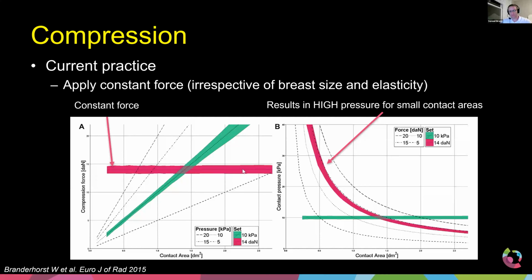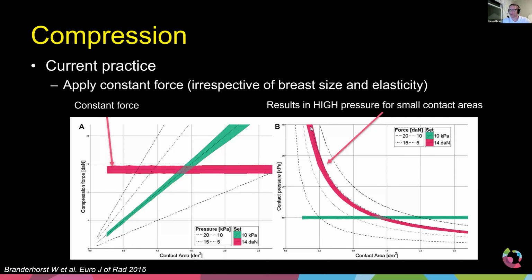That's this right here. So if you look at the red right here, I made a mistake when I was explaining this, so I'm sorry, it's probably very confusing. If you have a consistent force, say 25 or 40, then what's going to happen is for your really small breasts, where you have a small area of pressure but you're still pushing as hard, you can see here the curve goes really, really high.